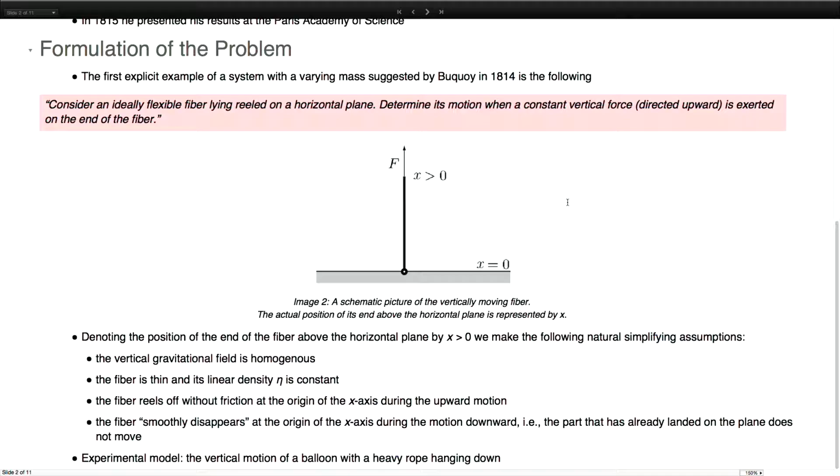The fiber reels off without friction at the origin of the x-axis during the upward motion. The fiber smoothly disappears at the origin of the x-axis during the downward motion. That is, the part that has already landed on the plane does not move. The problem could be modeled experimentally as a vertical motion of a balloon with a heavy rope hanging down.